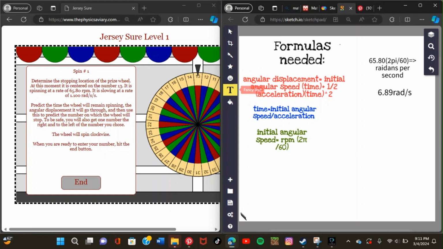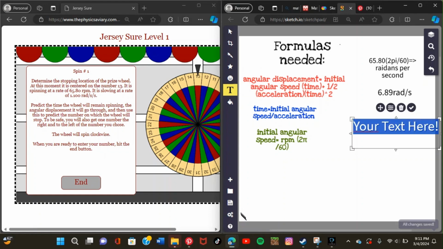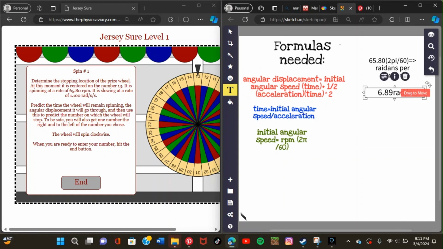And to calculate time, it's initial angular speed, which is this, over acceleration, and the acceleration is this, 1.100 radians per second squared.